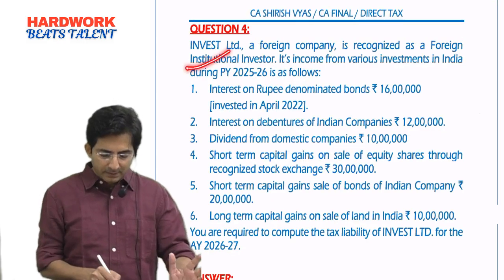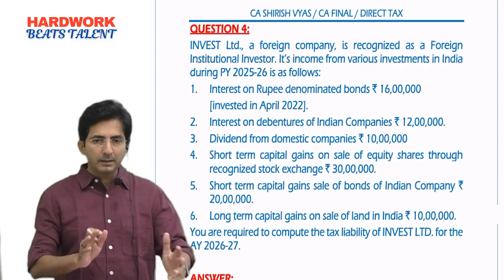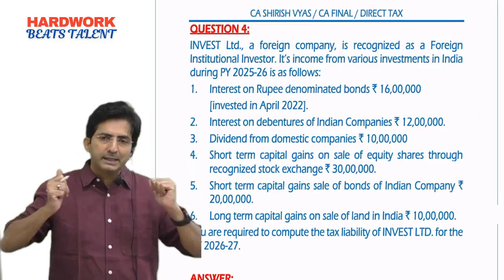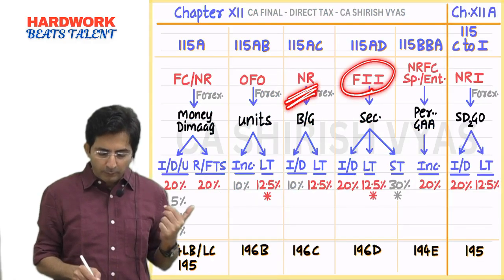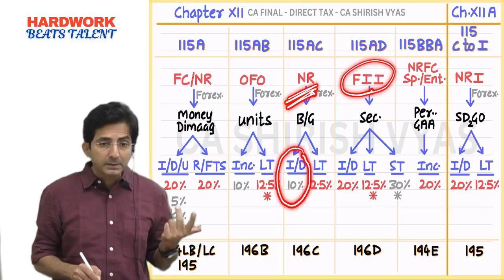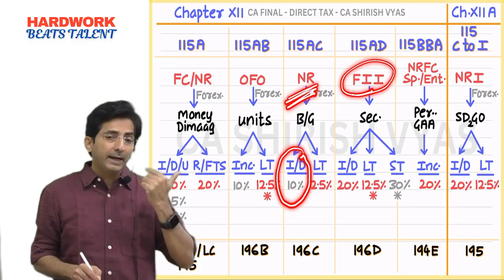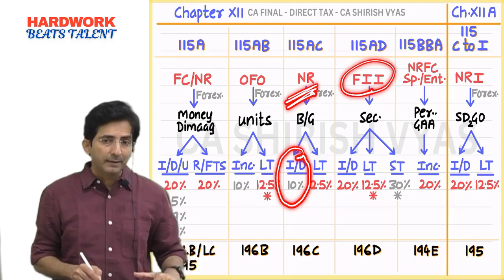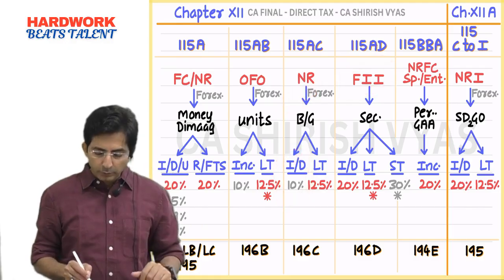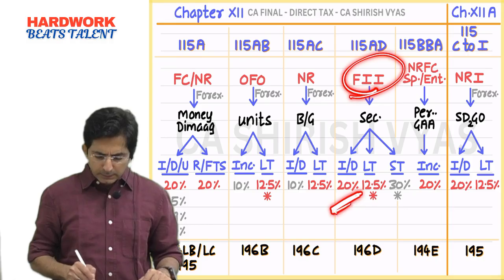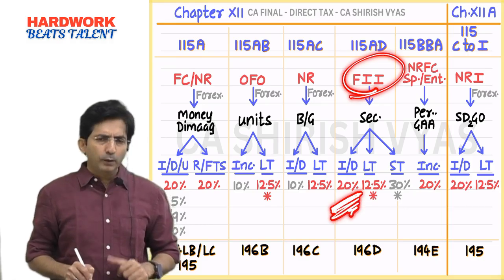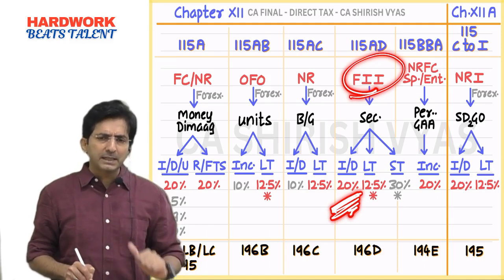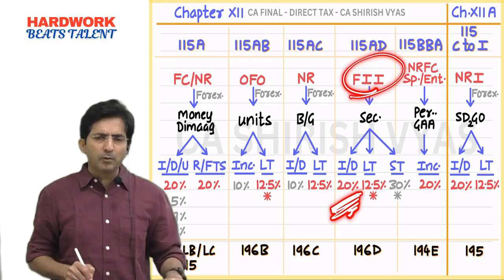Here, this company is a foreign company, and generally a company which is foreign is a non-resident. So FII can also qualify under bond GDR. So bond GDR, what is the special rate? 10%. So why will FII not take the advantage of 10%? If you are rigid, what will you say? Sir, but for FII, interest is subject to 20%, no? That is a general rule. But if you can fit yourself in some other section which provides a beneficial provision, why will you not take it?